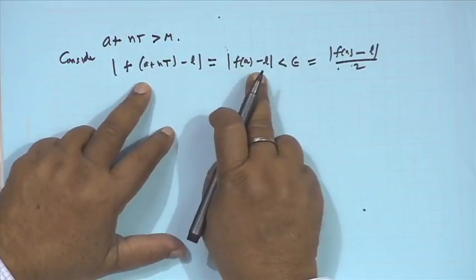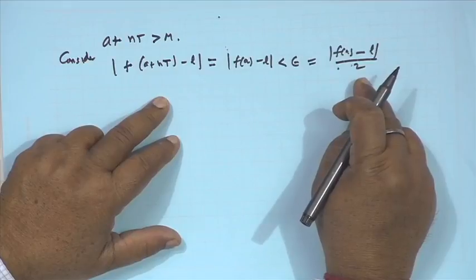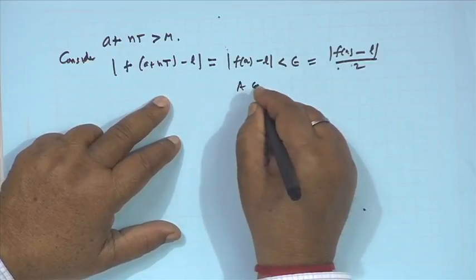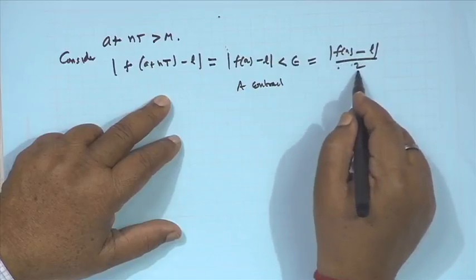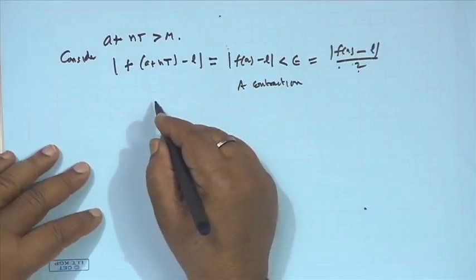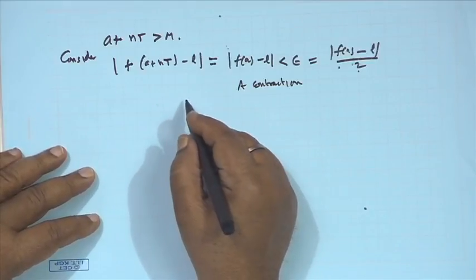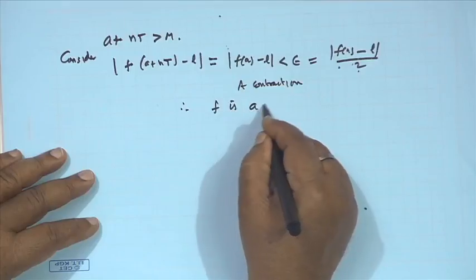So we have a contradiction. Why the contradiction? Because |f(a) − L| cannot be strictly less than half of itself. The contradiction is reached because of the wrong assumption that the function is not a constant. Therefore, f is a constant function.